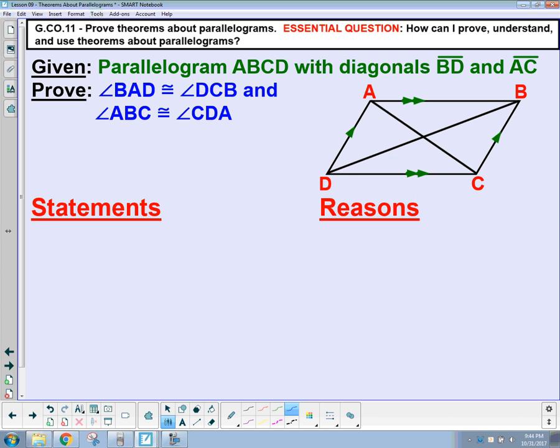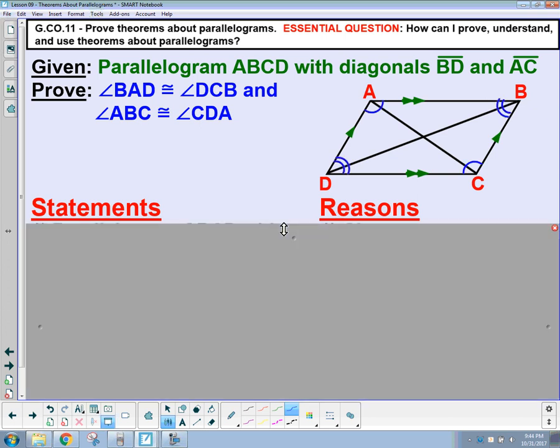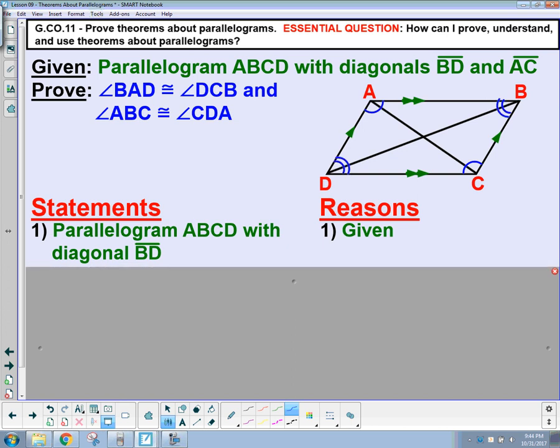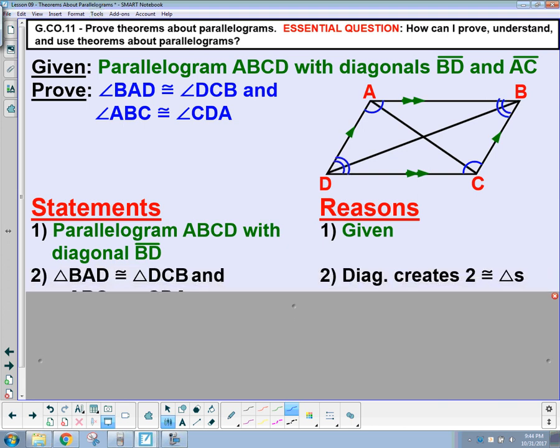There we go. So, scroll down. As always, parallelogram ABCD with diagonal BD is given. BD. Seem to have forgotten one. As always, we have triangle BAD. It's congruent to DCB. So keep in mind, I'm focusing on this triangle and this triangle.